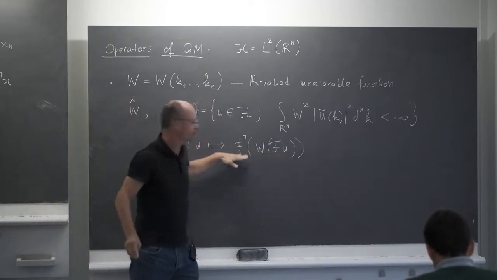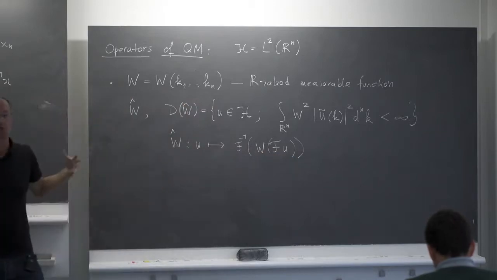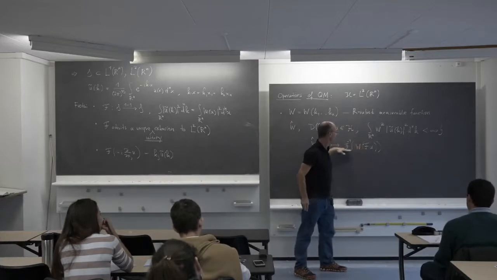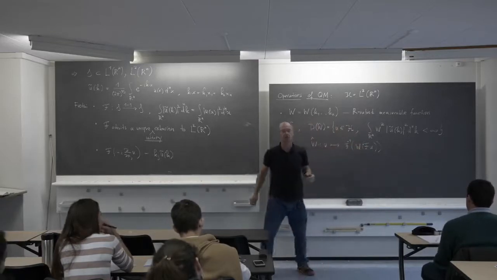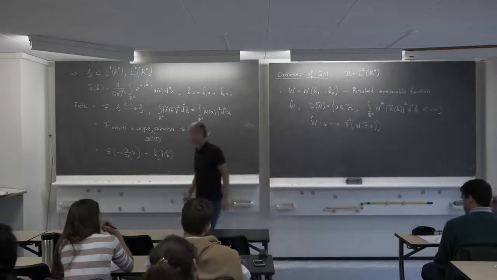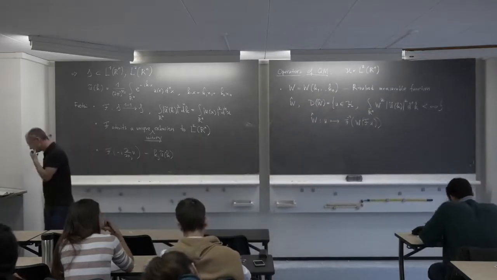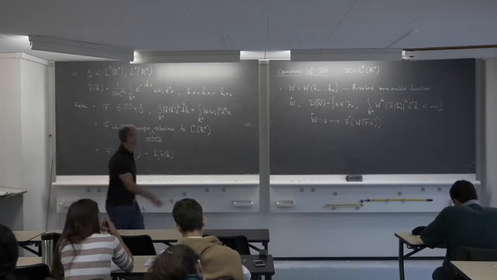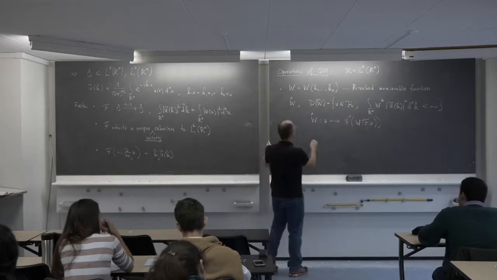So that's just exactly the same construction as we used before, but now we're using it after this Fourier transform. So this defines for us a new family of operators, and maybe one should give examples of those operators.